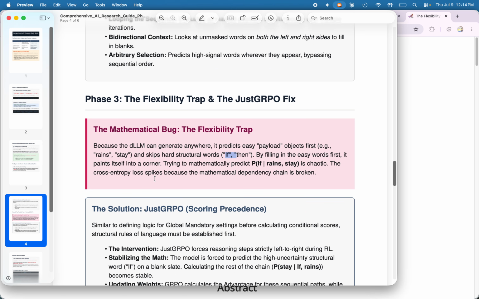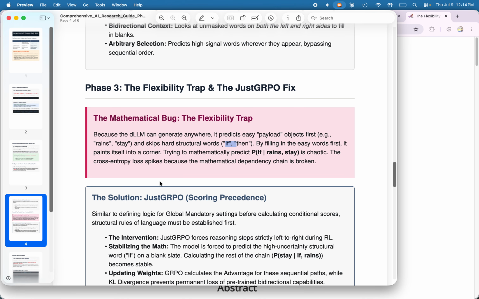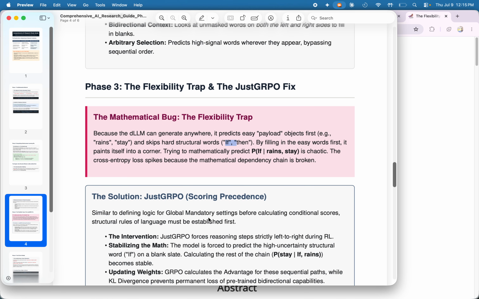The solution that we are proposing is the d1 GRPO. So we do reinforcement learning from left to right, like a normal sequential LLM, and then we improve their performance. That's what we are going to see now. As I said, it forces the model to reason from left to right during RL.